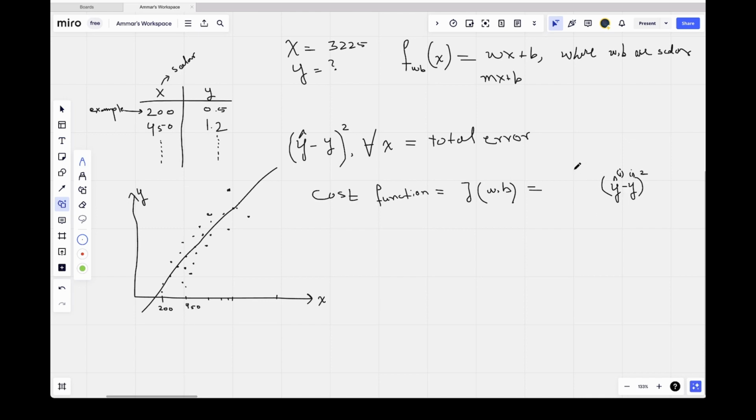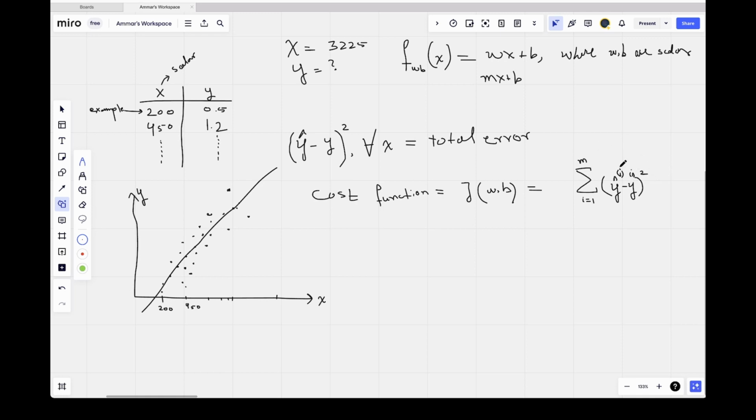And we want to take the sum of all errors of all points, from i equals 1 to, let's say we have the number of samples as m, so the number of examples here is m, right?